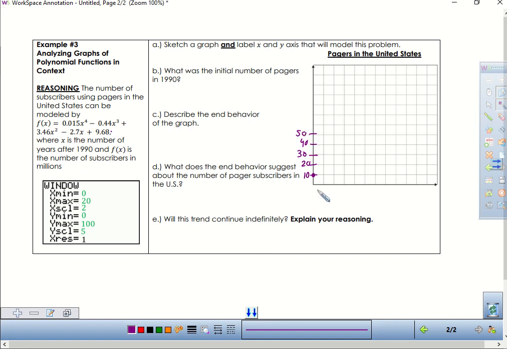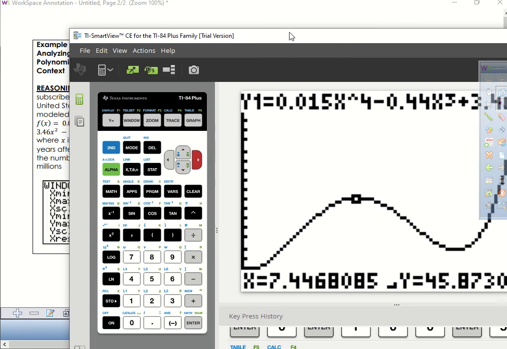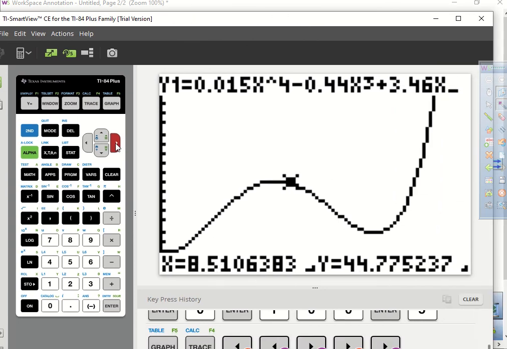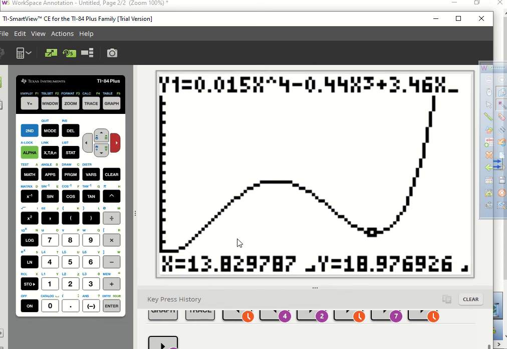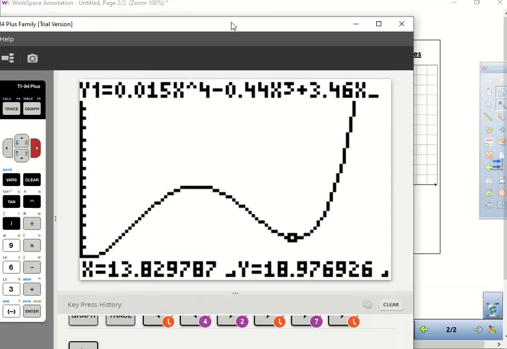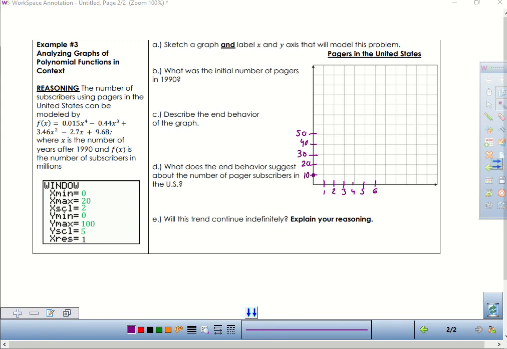At 7, we'll go by ones here. Maybe we shouldn't go by ones. Let's see what fits. See what our minimum is to see what scale we should go by. It's going to go to about 14, so we want to make sure we can fit 14. So maybe let's go by 2s instead.